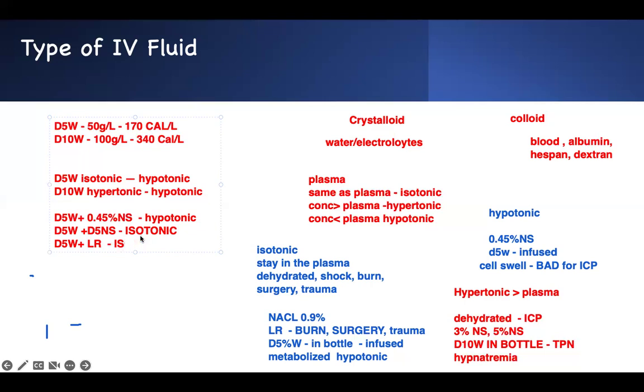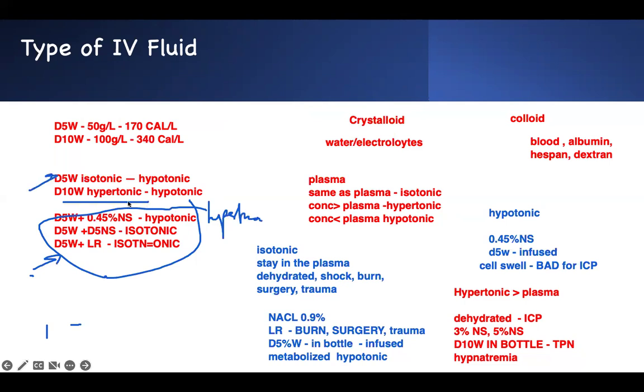So watch for this information they will give you. Once again, these are all hypertonic solutions when you give them to somebody. This is isotonic. This is also hypertonic, and it will break down into a hypotonic solution. So this is just brief information.